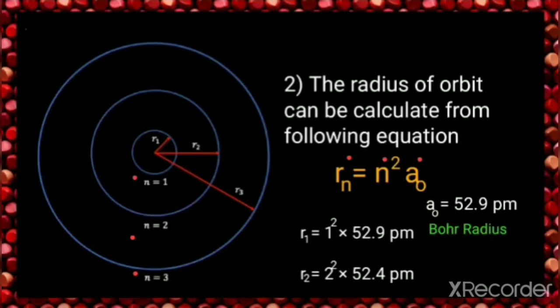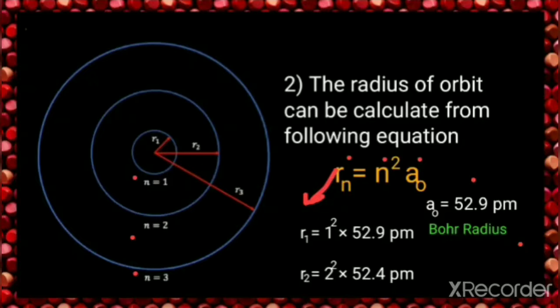So what is n here? n is the number given to the orbits. a0 is a constant value. Its value is 52.9 pm, which is given the name Bohr radius. If we want to find the radius of the first orbit, we apply this formula.